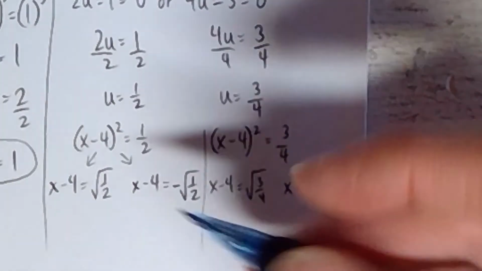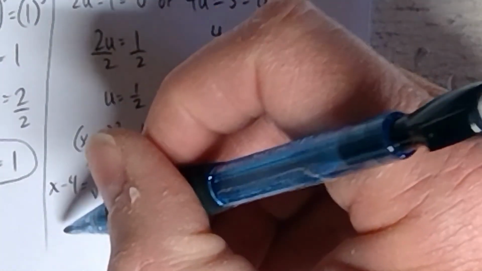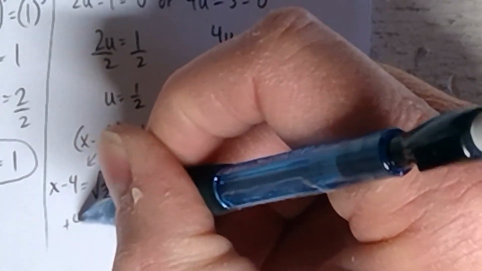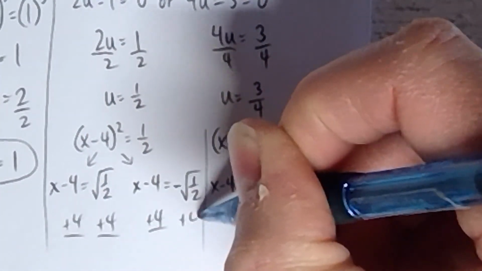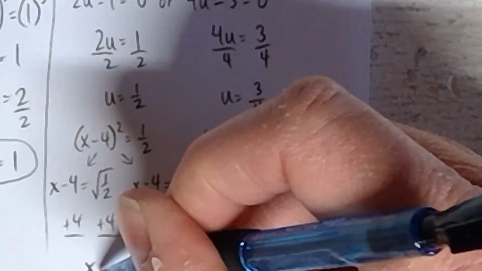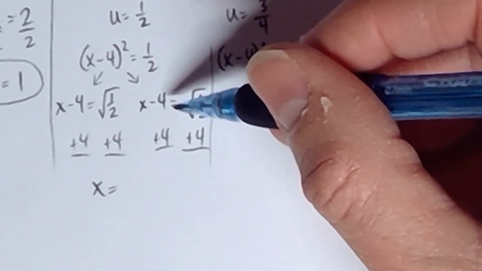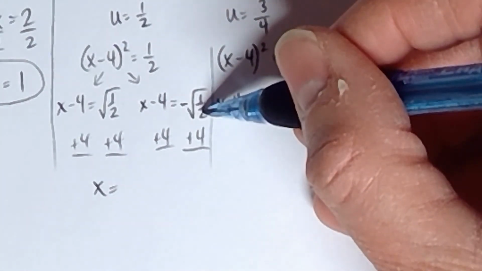So we need to move over the 4, right? If we do that, we end up getting x is equal to 4 plus the square root of 1/2, and x is equal to 4 minus the square root of 1/2.